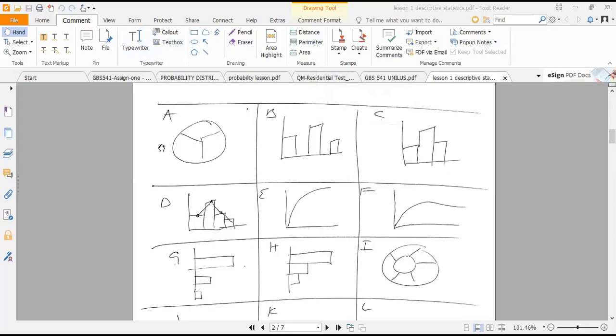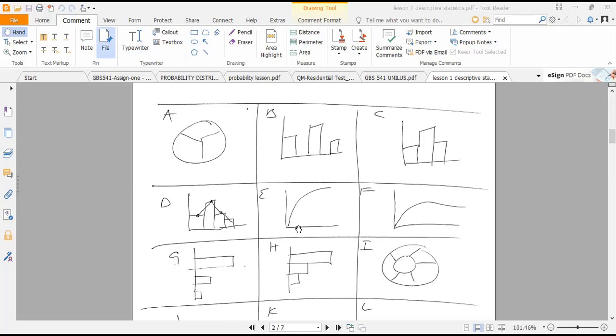A is a pie chart. B is a bar chart. C, what is C? Yes, the histogram. Then what is D? The line that cuts the midpoint is called an ogive.